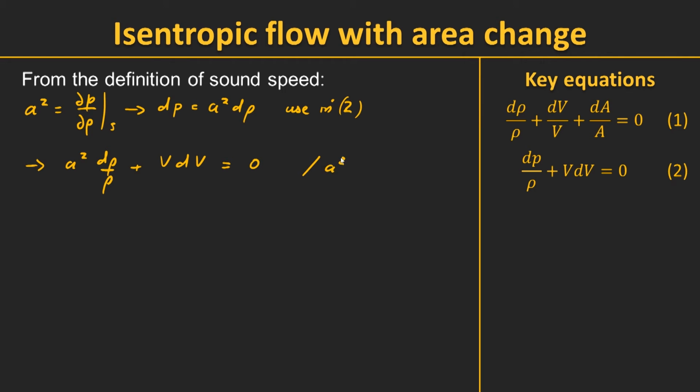So let's divide both sides by a squared. Then we're going to get dρ on ρ plus v on a squared dv is equal to 0. So let's both multiply and divide by v, and then what we should see is that this here is just equal to the Mach number squared.